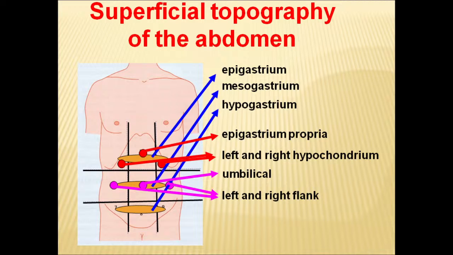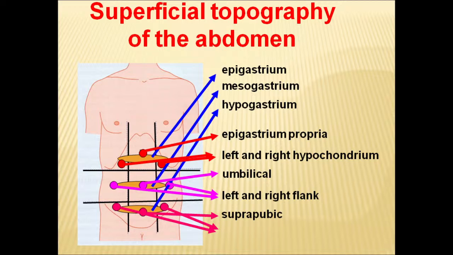The lower part is also divided into three parts: central suprapubic, which is not characteristic for pathology of the digestive system, and two ilio-inguinal regions, right and left.